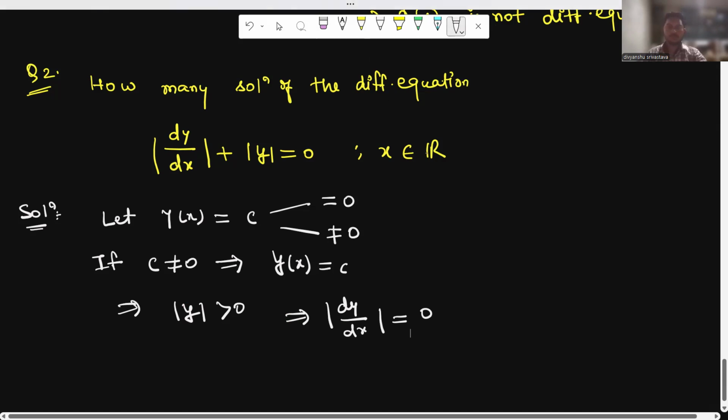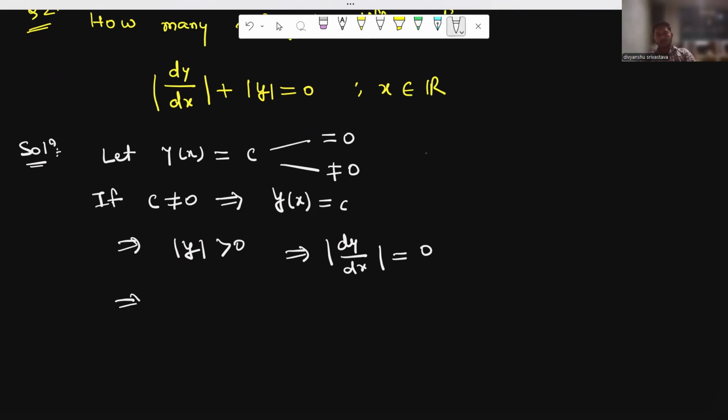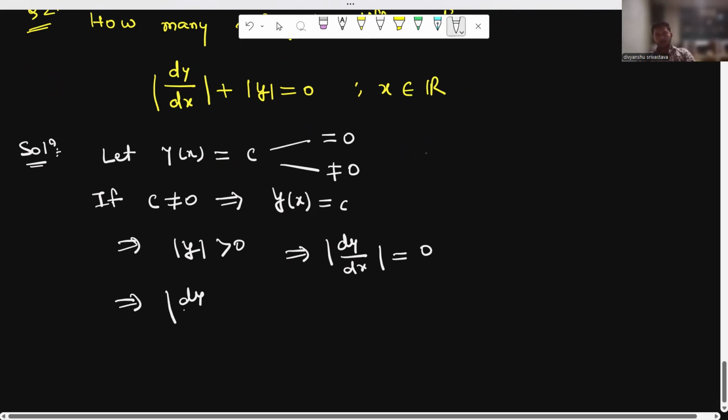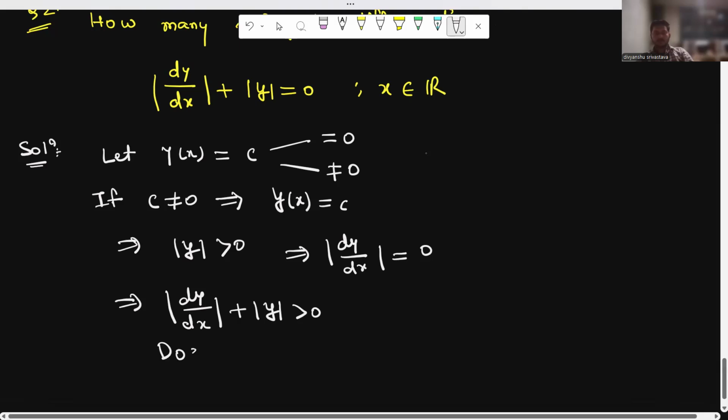So lastly, you have the equation already given. The differential equation has dy upon dx plus mod of y which is greater than 0. Okay. So in this case it does not satisfy the equation.